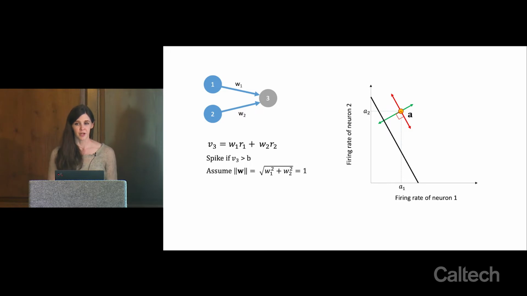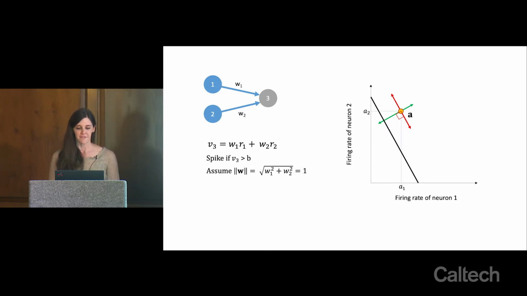What's interesting about this idea of projections is that there are changes in the location of A that are meaningful for our readout neuron, and there are changes that are not. So if you move A up or down in this direction, parallel to the decision boundary, the total input to our readout neuron is not going to change. It's still going to respond the same way if you have neuron 2 super active and neuron 1 silent, or if you have both neurons firing at some intermediate rate.